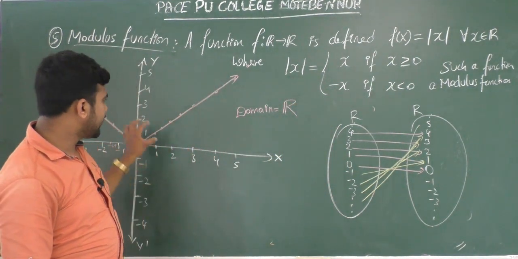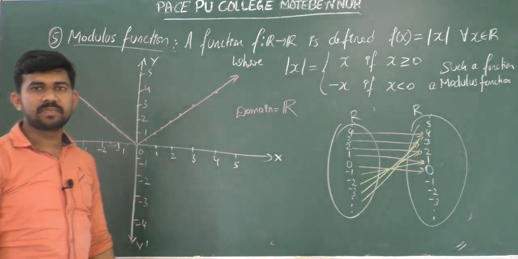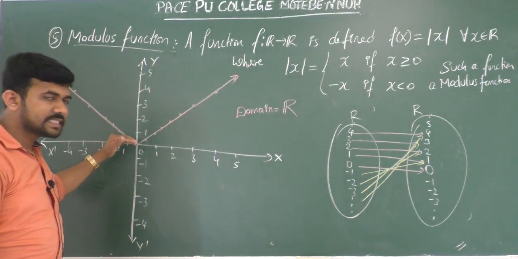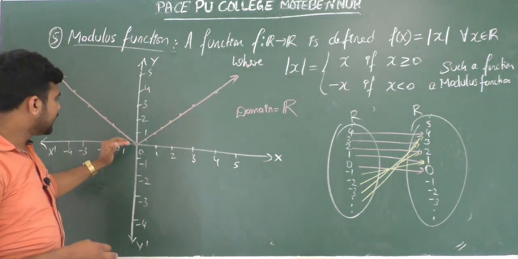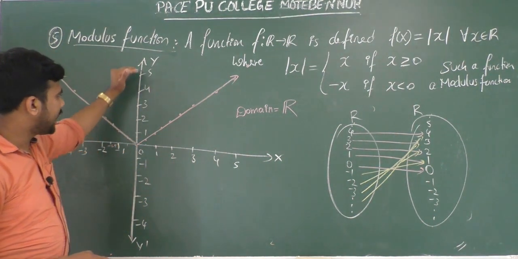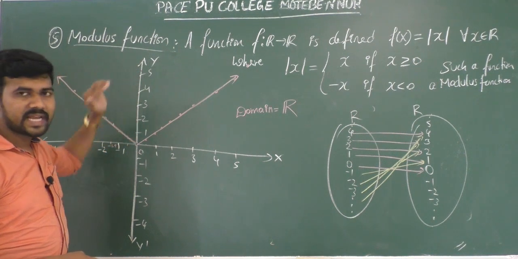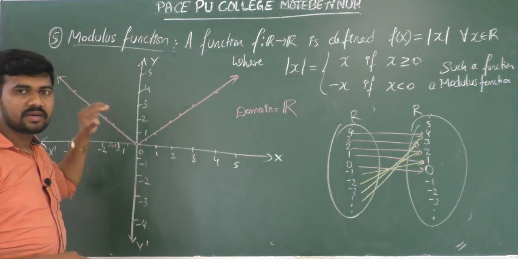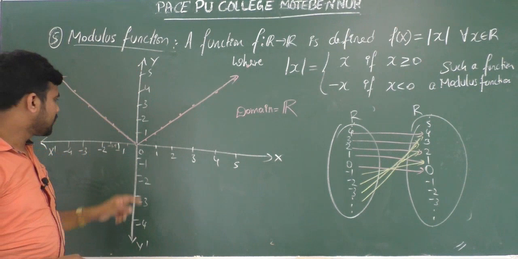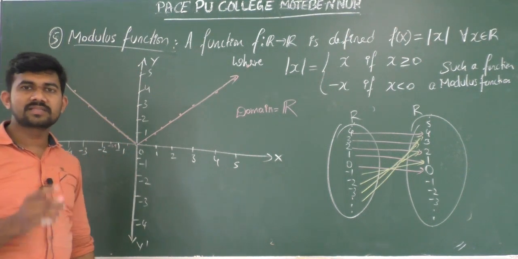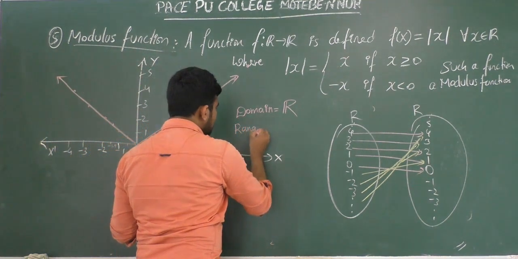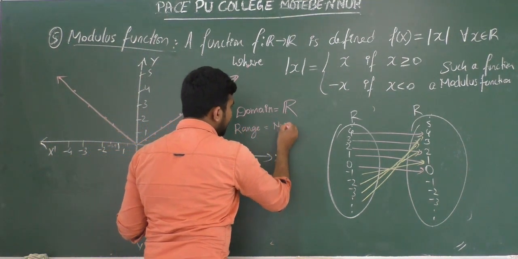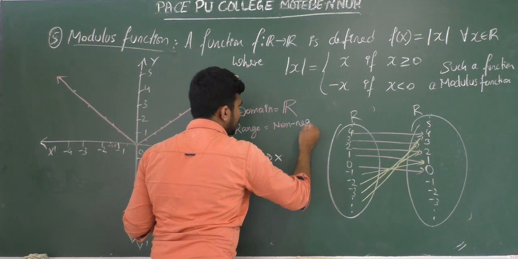What about its range? Range of this function. Whether you got an image element in negative real numbers? No. So the image elements are present only above the y-axis, above the origin, in the positive direction of the y-axis, including 0. Here the range is nothing but the non-negative real numbers.